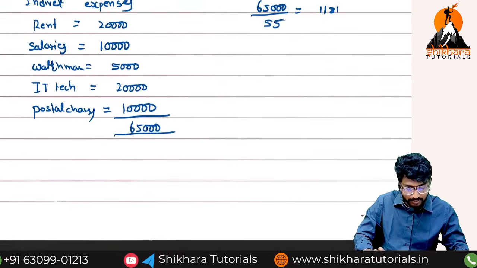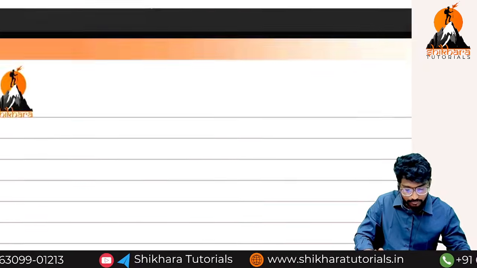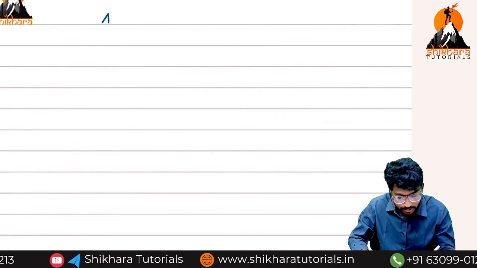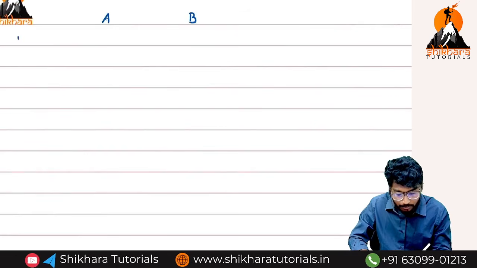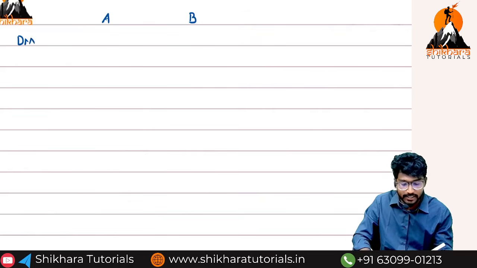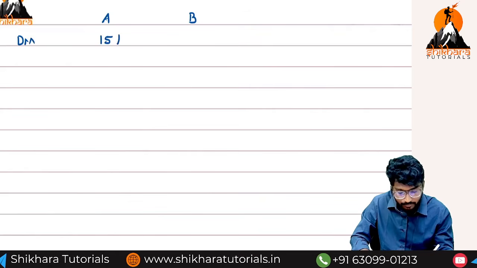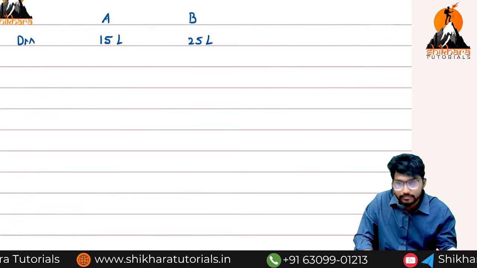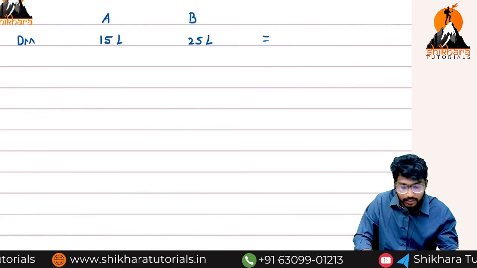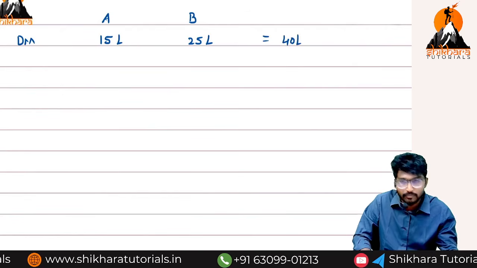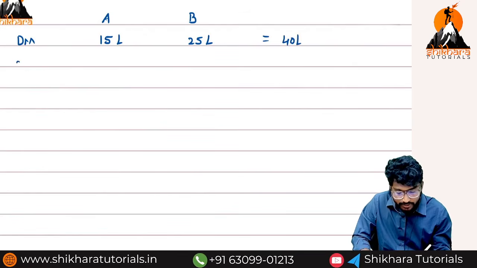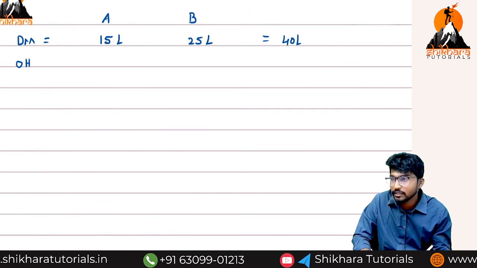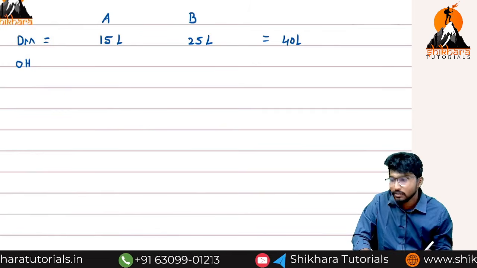Now I will explain with another example. Like there is two products, product A and product B. Direct material cost for product A is 15 lakhs. For product B is 25 lakhs. So total direct material expenses is 40 lakhs. And overheads, direct material is separate cost, but overheads is a common cost.